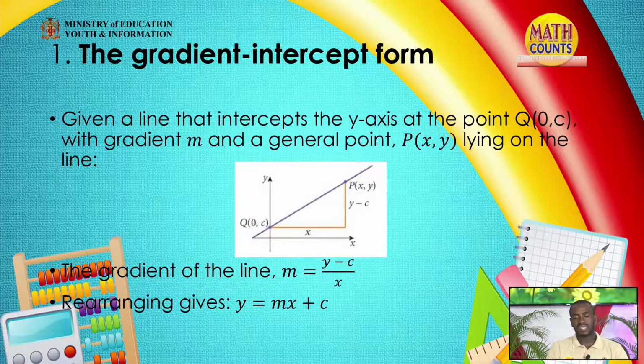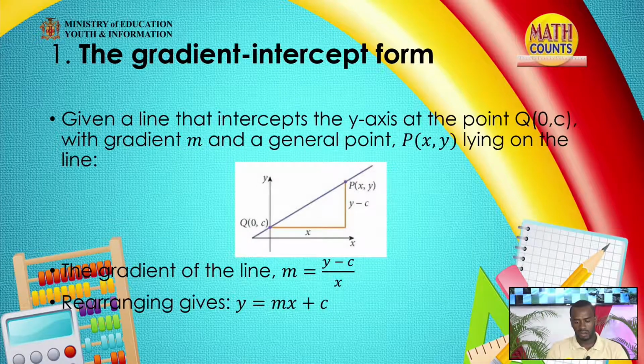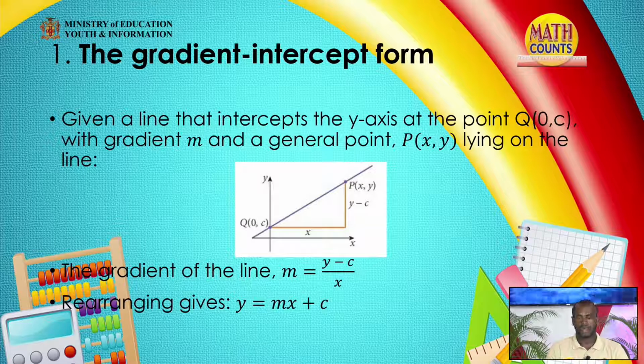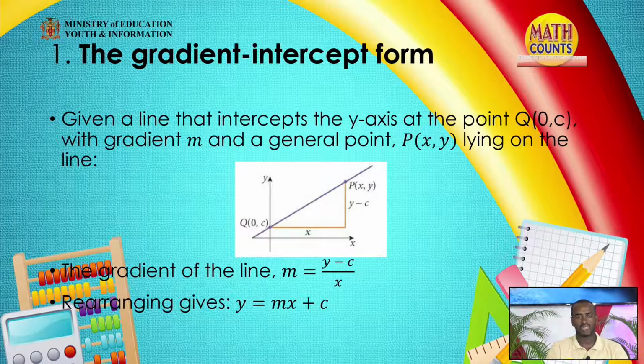So in this case, the gradient can be represented by m equal to y minus c over x. After we have rearranged this equation, you will get y equal mx plus c. And keep in mind that this is the most common form of equation used in this course.